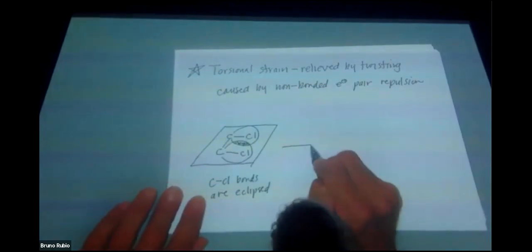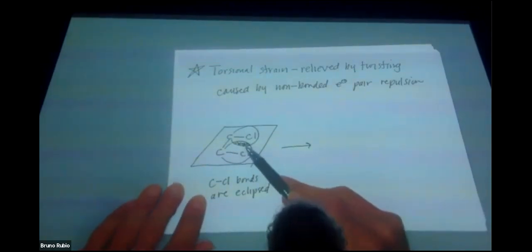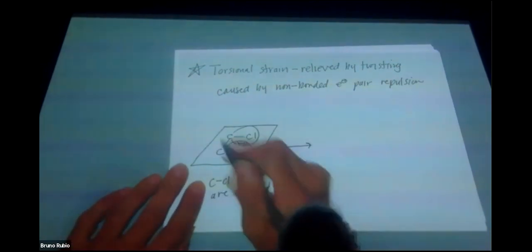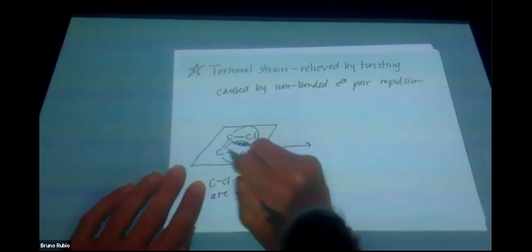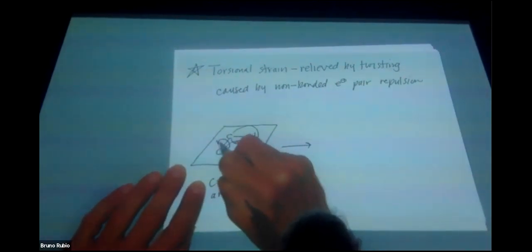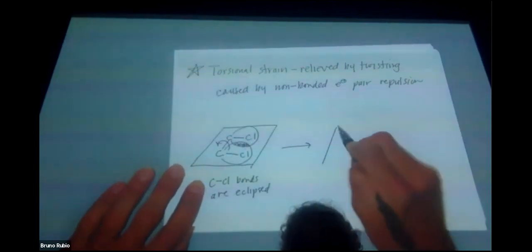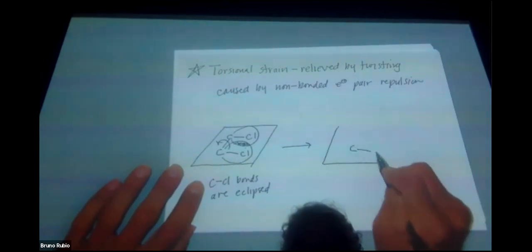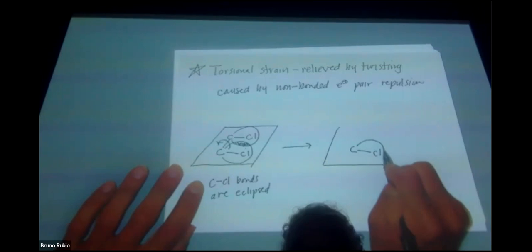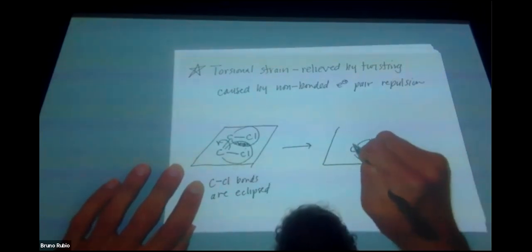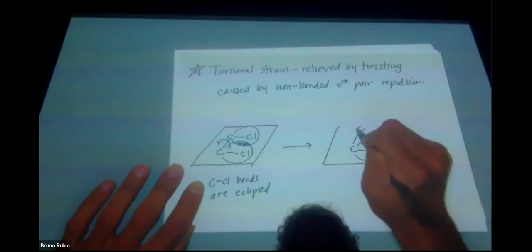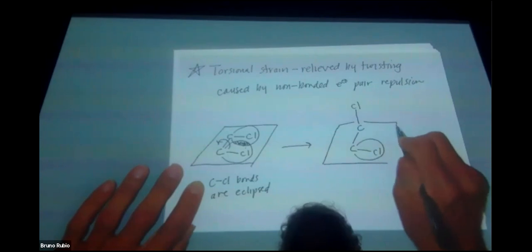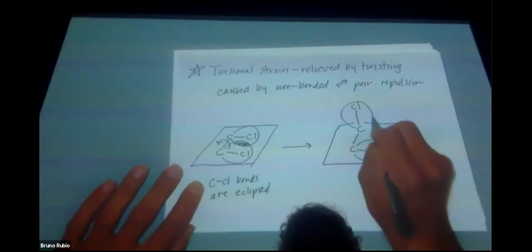This kind of bad interaction is relieved by twisting. What is this bond going to do? This carbon-carbon bond is going to twist. There's the sea of electrons surrounding the carbon-chlorine bond, and the carbon-carbon bond twists out of the way in order to relieve that bad interaction.